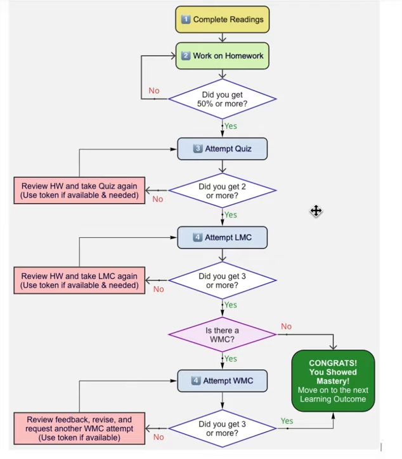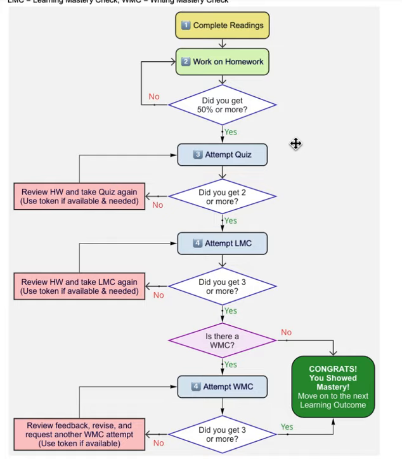So you go through that through the entire quarter, making sure that you show mastery on as many of these assignments as possible. The more you show mastery on, the higher your base grade can be. And then when you get to the very end of the quarter, there will be that final mastery check, which is like your final exam, which will be one last check of all of your learning to that date.